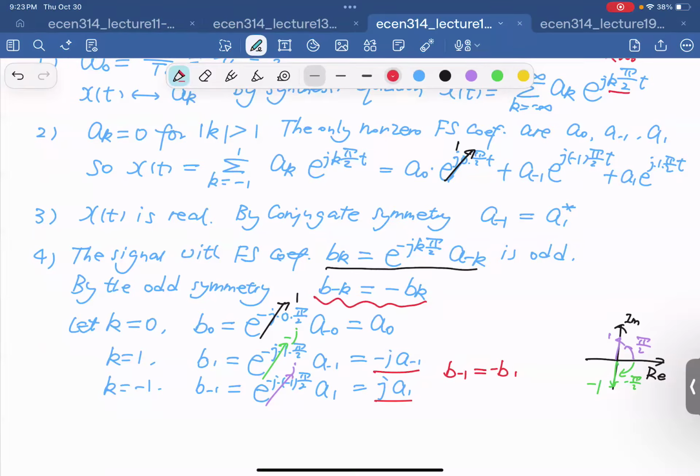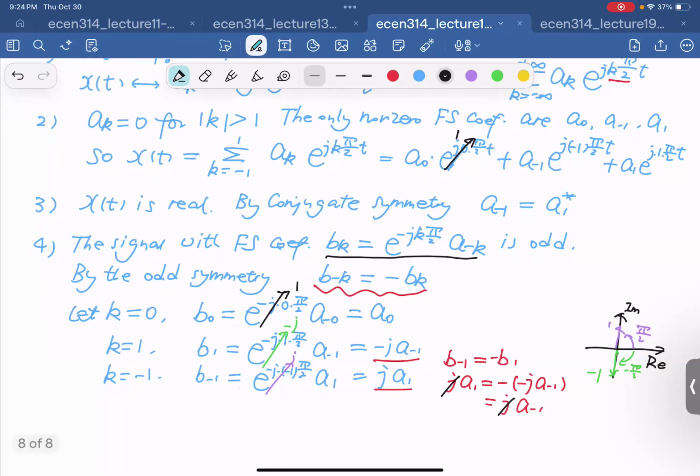We find that b sub minus 1, which is j times a sub minus 1, equals minus b sub 1, which is minus j a sub 1. Then this constant j is cancelled on both sides, and a1 equals a sub minus 1. Well, that's another clue about a1 and a sub minus 1, isn't it?